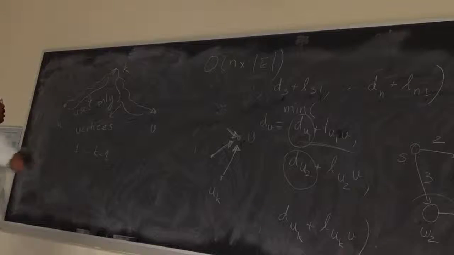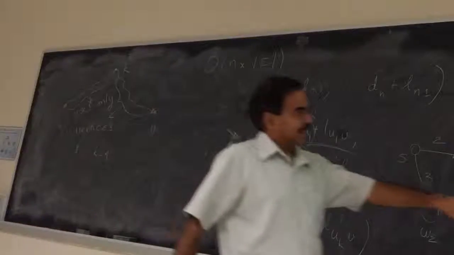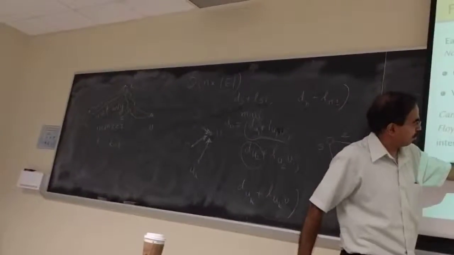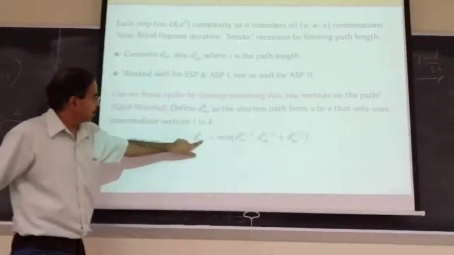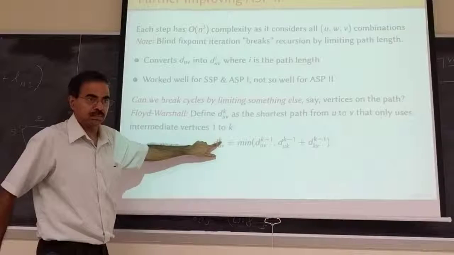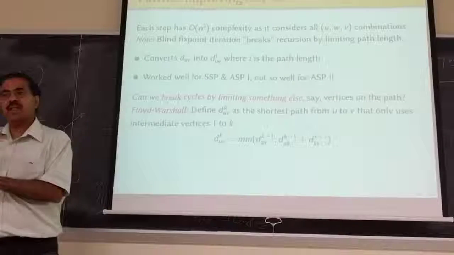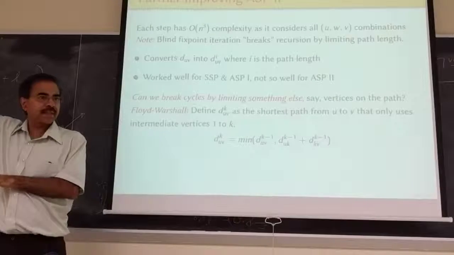So what you're saying is that the question being asked is, what is the shortest path that doesn't go through any vertex higher than k? Okay? So this represents the shortest path from u to v that uses only vertices numbered k or below. Okay? So essentially you're saying I am arbitrarily going to ignore vertices that are numbered higher than k.